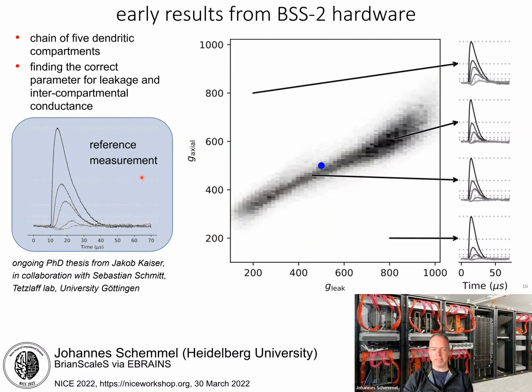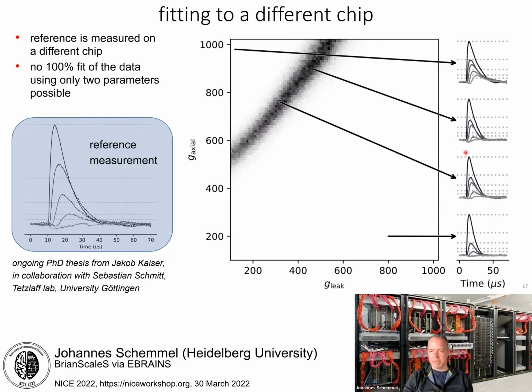This is more like having a measurement and then trying to match the model to it. And you see that now you cannot fit it 100%. You would need more parameters to fit it 100%, but you can still fit it reliably. The points that the neural network predicts are much better than randomly chosen parameter combinations.